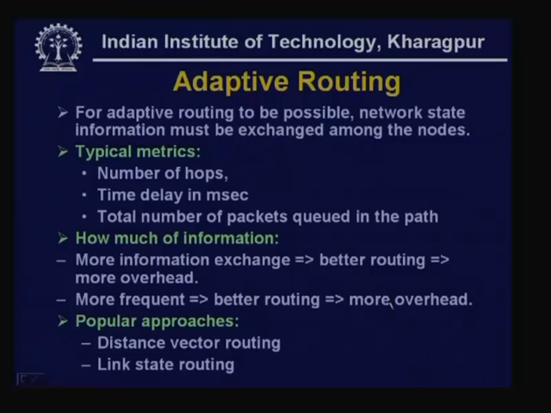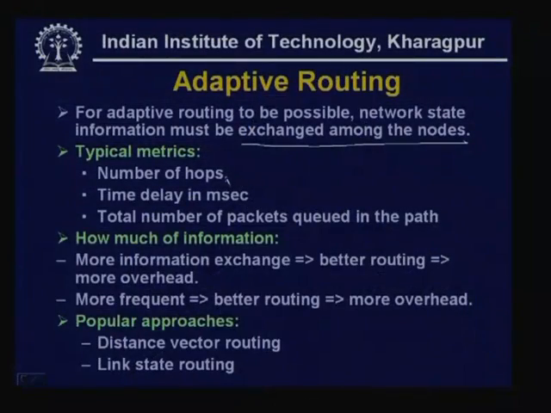Then for adaptive routing to be possible, network state information must be exchanged among the nodes, as I mentioned. Now, you may be asking what kind of metric can be used for the purpose of routing. One simple approach is to use the number of hops.